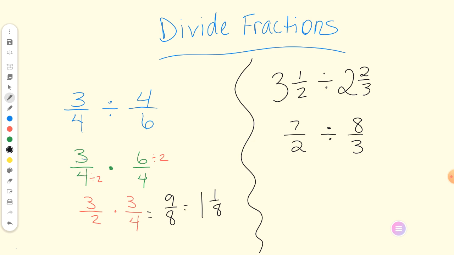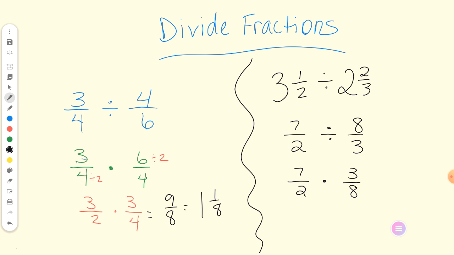The trick is 3 letters. Chloe, give me the rule. Multiply by the reciprocal. Kylie, give me the trick. KFC. So multiply by the reciprocal, but when you hear that, I want you to think, oh, KFC. So keep the first, flip the second, change the sign to multiplication.